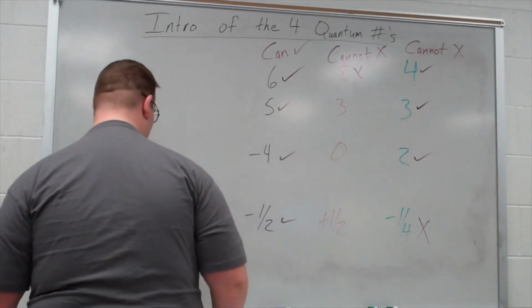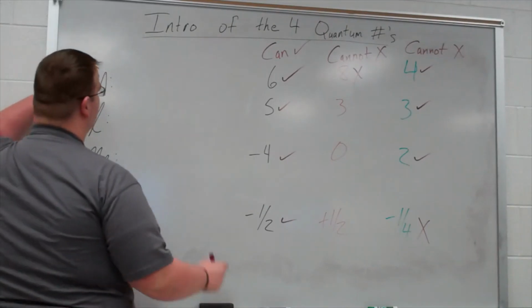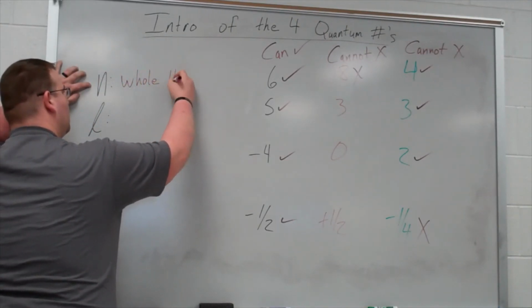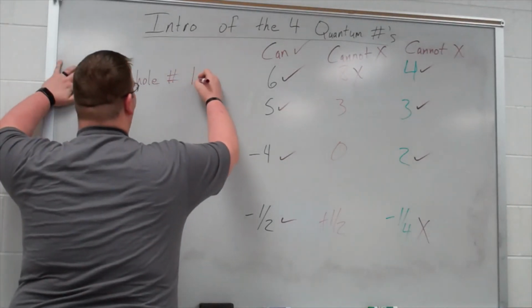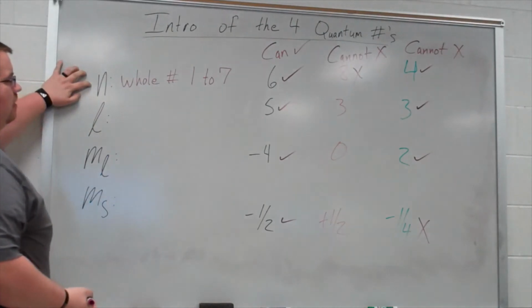To help you out if you're struggling right now, I know this is new: everything is based off the number before it. n can be a whole number of 1 to 7. That's it.